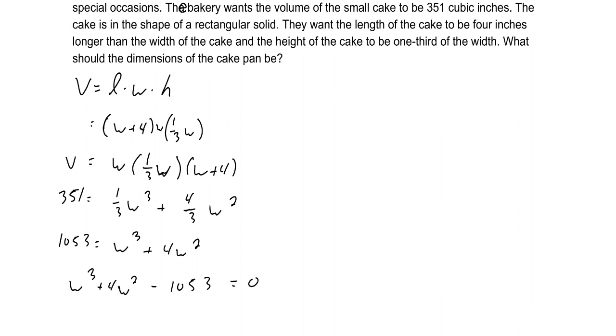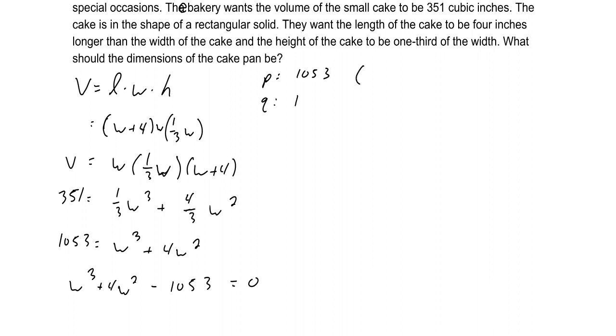Our rational root theorem says that our solutions have to be factors of 1053, the numerators do, and the denominators have to divide 1.